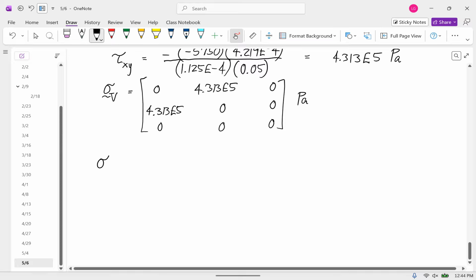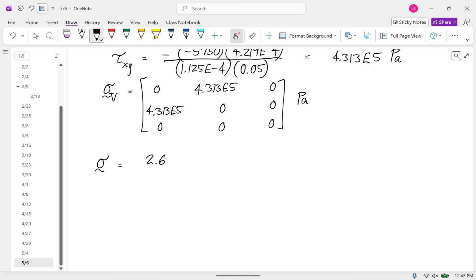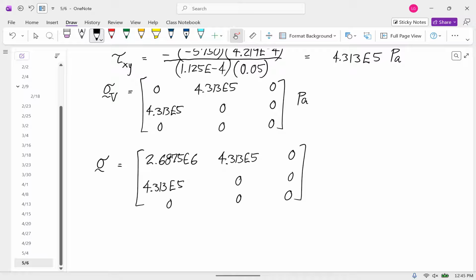And our total stress tensor is 2.6875 times 10 to the 6, 4.313 times 10 to the 5th, 0, 4.313 times 10 to the 5th, and zeros. Any questions about that?